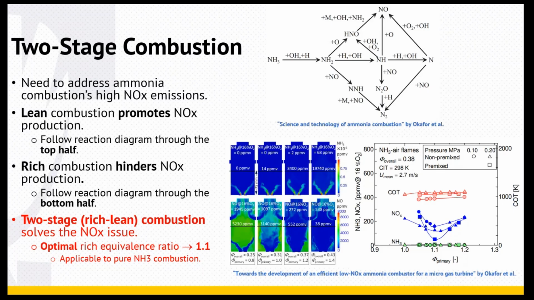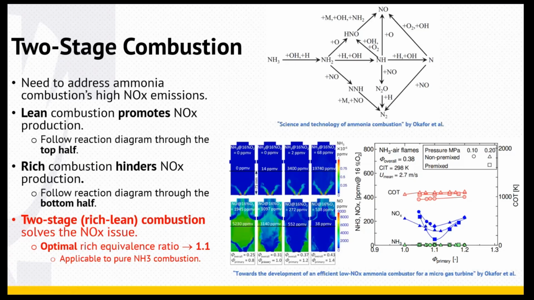And with pure ammonia combustion, what's supposed to happen, if the conditions are right, is a phenomenon called thermal deNOx, where the ammonia and some of its radicals actually react with the NOx and eat it up, breaking it down into water and nitrogen. If you look at the chart on the far right, there is a sweet spot that you want to hit with the primary zone equivalence ratio.